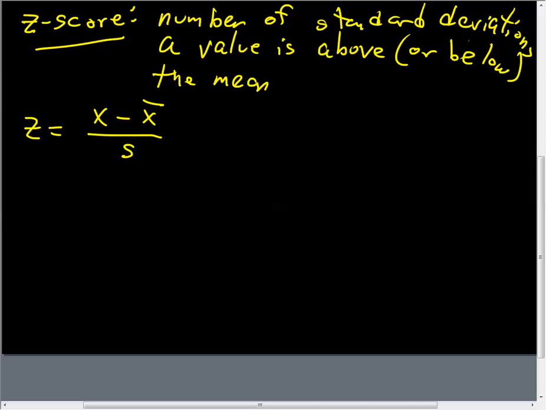Now notice this implies a sample scenario where you're subtracting a sample mean and dividing by a sample standard deviation. Or if you're working with a population, you subtract the analogous population mean and divide by the population standard deviation.